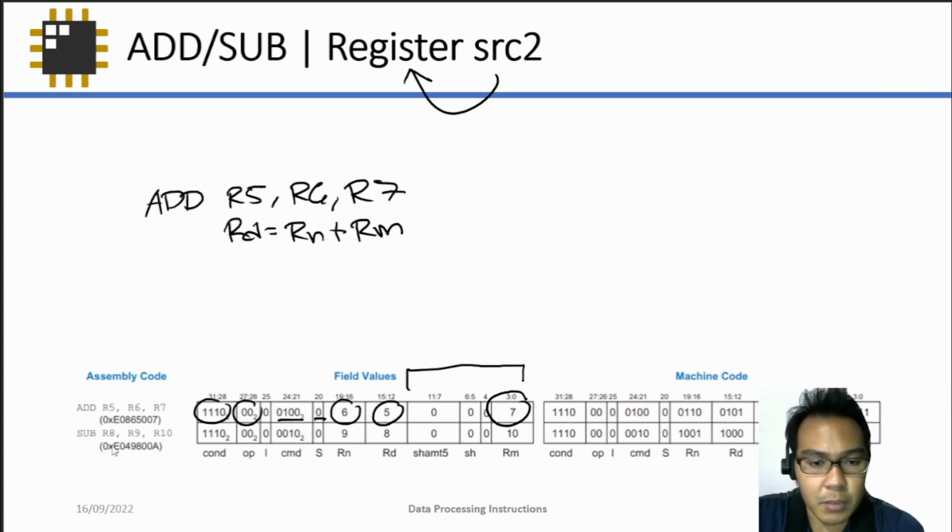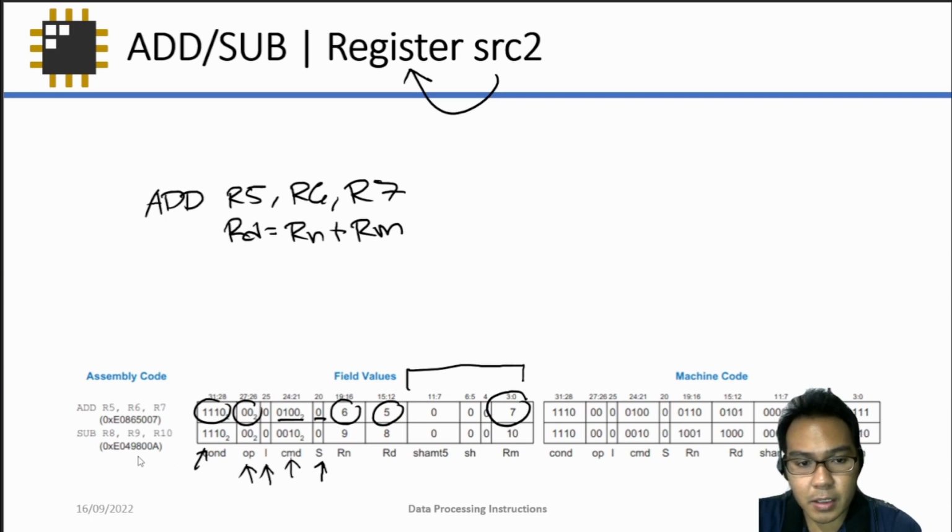Now for SUB, condition always true. Opcode data processing, not immediate addressing, so register addressing. SUB is 0010, the CMD. You can look at the table from the ARM instruction set PDF document from last week. You also have S here, which is 0 because we were not updating the status registers. Rn is R9, Rd is 8, and Rm is 10.